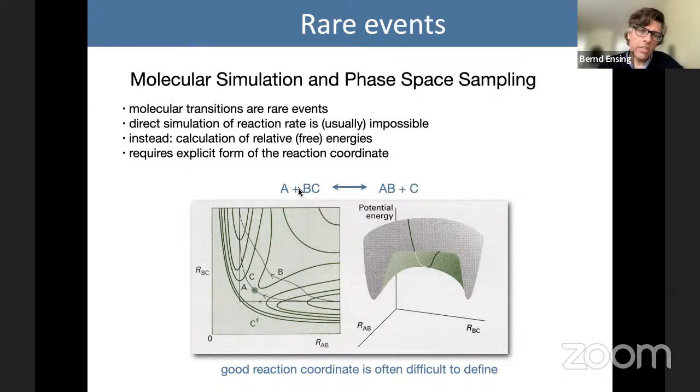We can easily think of what are good collective variables. Maybe the distance AB on the x-axis, and then the distance BC of the leaving group, and then the underlying free energy profile may look something like this, with a reactant state here and a product state here, or the other way around.